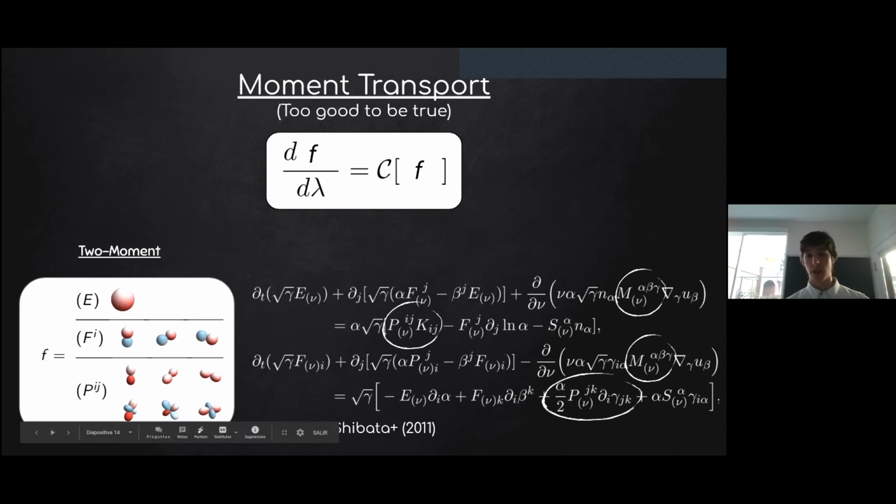And so where the approximation comes in is you could write down an evolution equation for each one of these, and they will continue depending on the next term in the sequence. And so you say that's enough, you cut it off at some point, and you evolve the energy density directly, and you evolve the flux directly, and you pretend you know what the pressure tensor and these higher rank moments are.